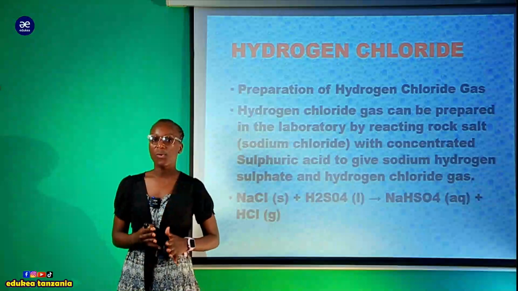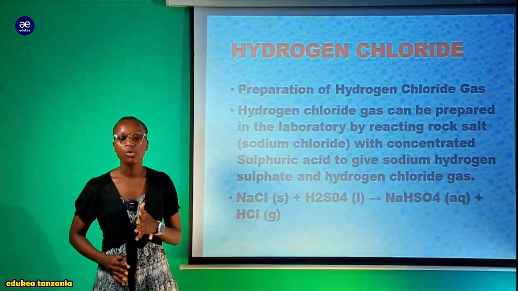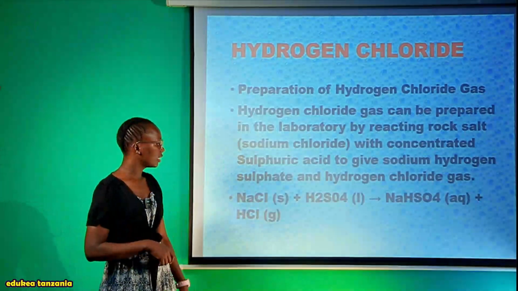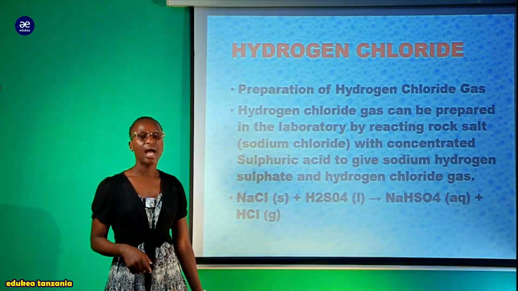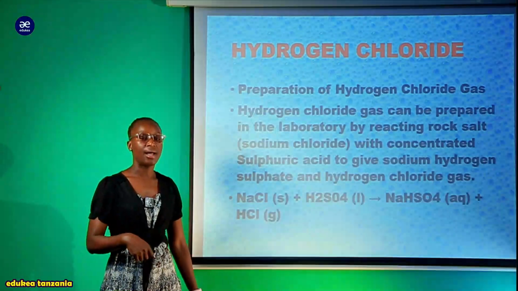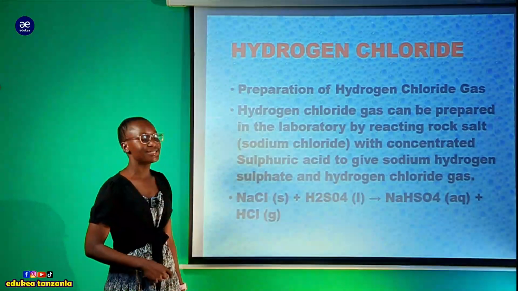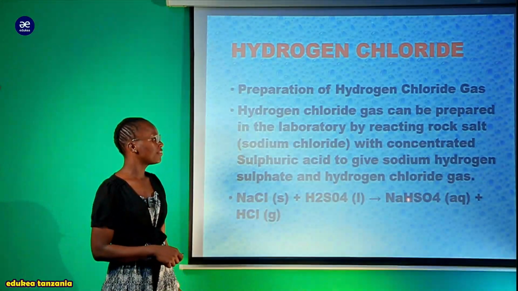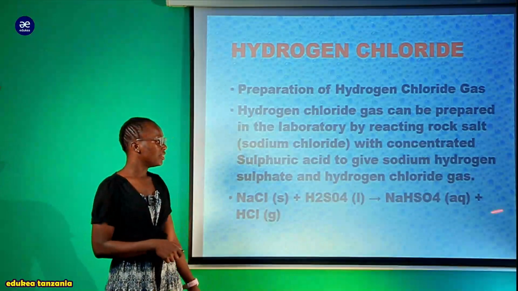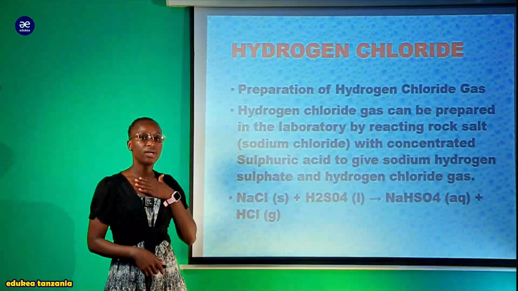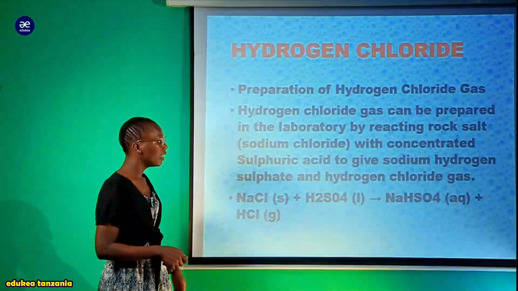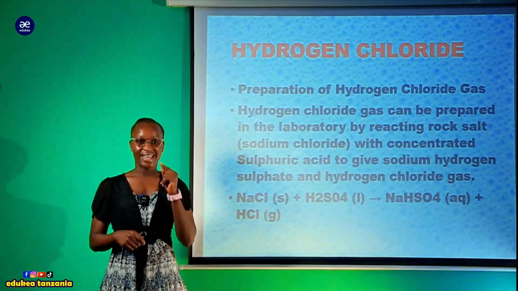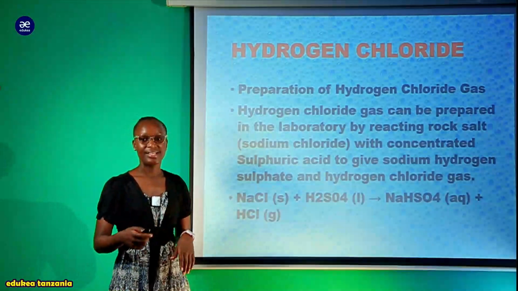Hii ndo simple way and a simple mechanism of how to prepare the hydrogen chloride gas in the laboratory. Just taking the sodium chloride, ambayo ni table salt, tuna react na sulfuric acid, hydrogen sulfate. There we are going to have the sodium hydrogen sulfate, this one aqueous solution, sorry my student. And we are going to have the hydrogen chloride gas, which exists in gas form.